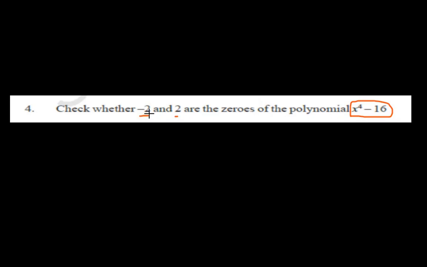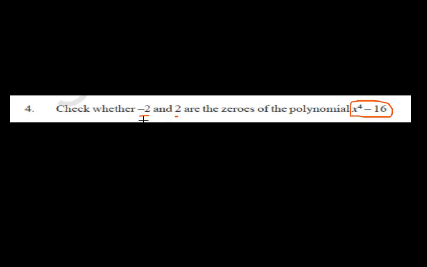So to verify whether minus 2 is a zero of this polynomial or not, we need to verify whether this minus 2 value is making the polynomial value 0 or not when it is substituted in the place of variable x.